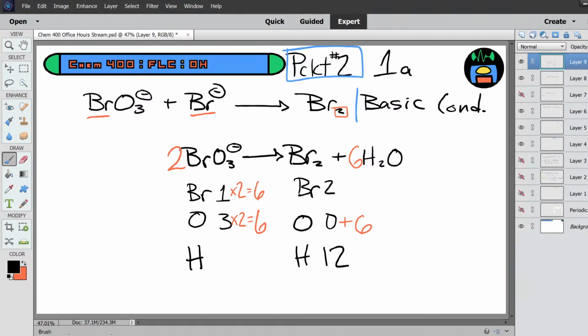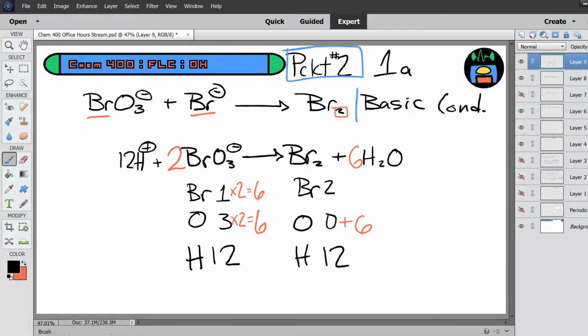Now, we're under basic conditions, but the way you balance your atoms is you pretend that you're under acidic conditions, right? So we're going to add 12 hydronium ions to the reactant side. And now our atoms are balanced.